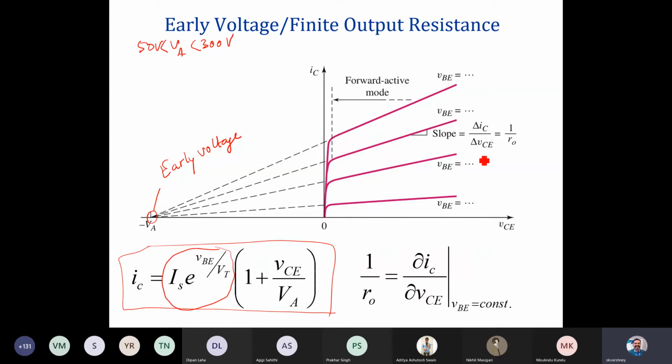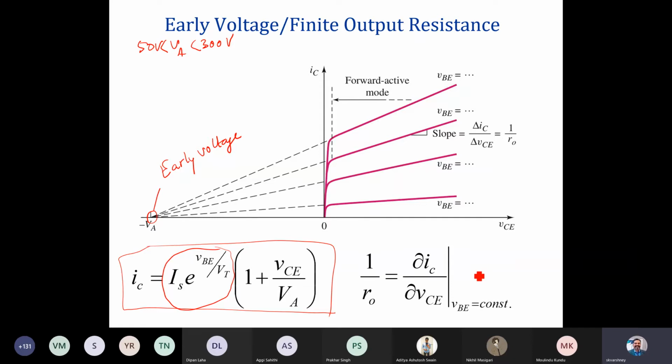Since it has a finite slope, a correction has been made. The correction factor is 1 plus VC over VA, and if VA is quite large, this can simply be written as IC equals IS exponential VB over VT, and r naught we can obtain by this.